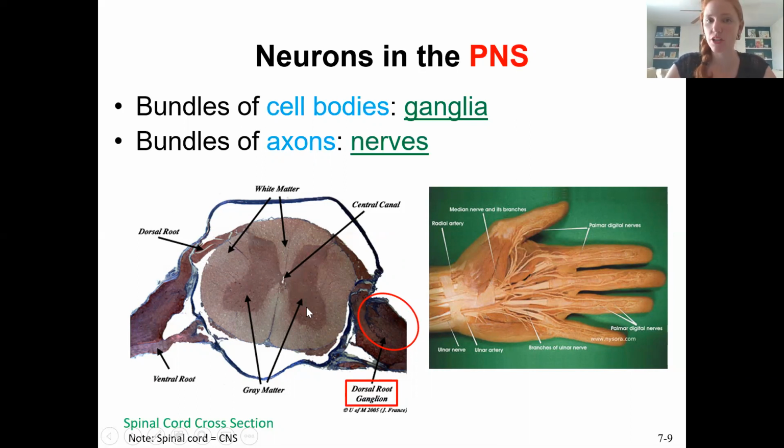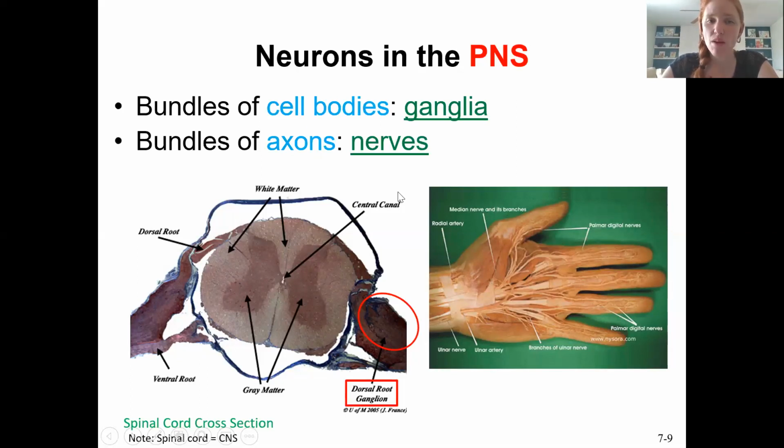There's the gray matter with the cell bodies and the white matter with the axons. But if you look outside of that, off to the side or in the periphery, you're going to see this cluster right here, and this cluster is called the dorsal root ganglion, an example of a ganglion that includes a collection of the cell bodies in the peripheral nervous system.